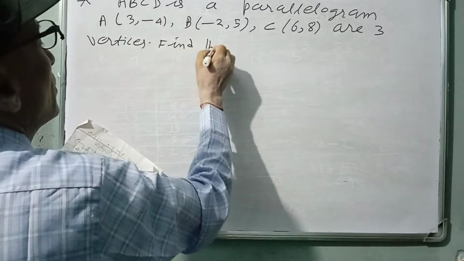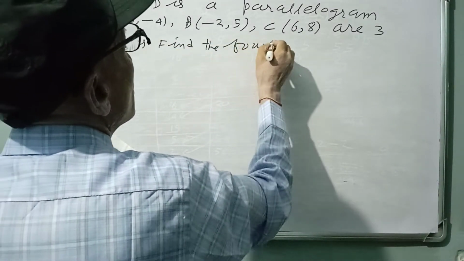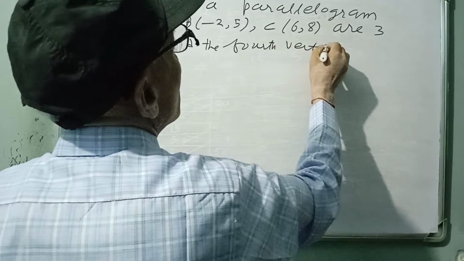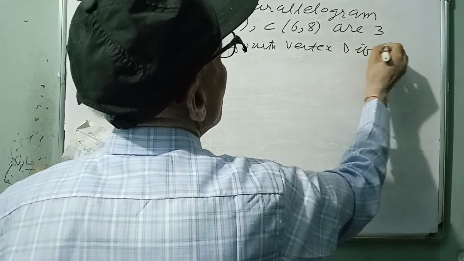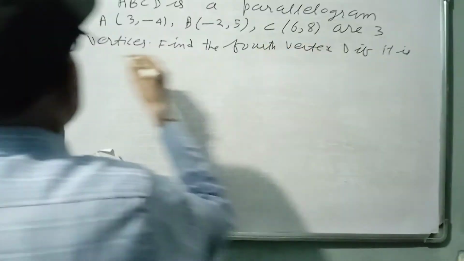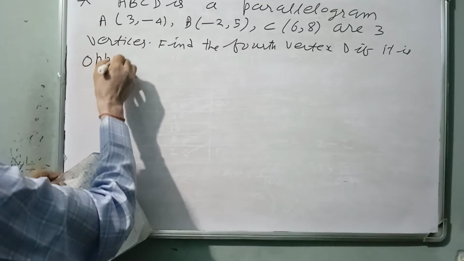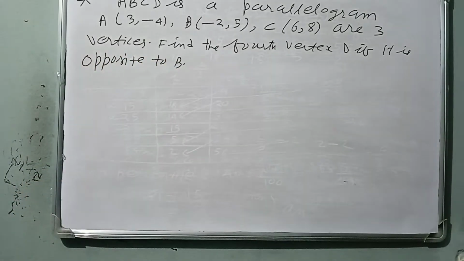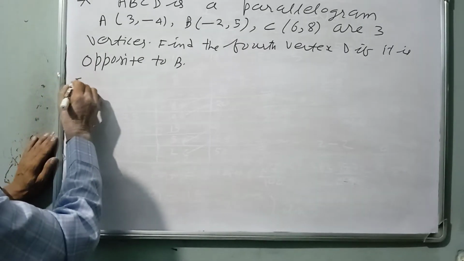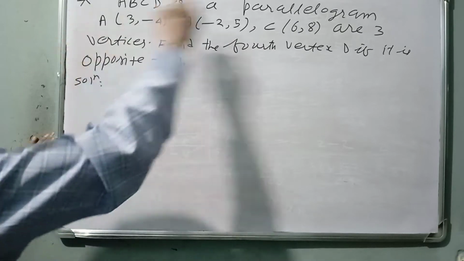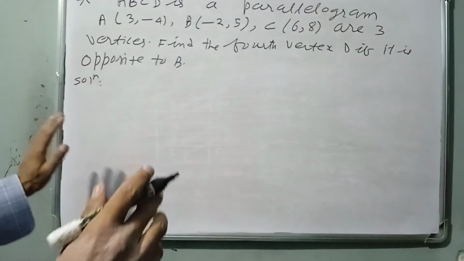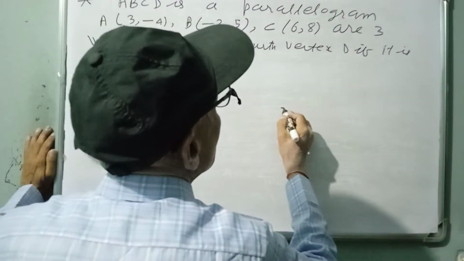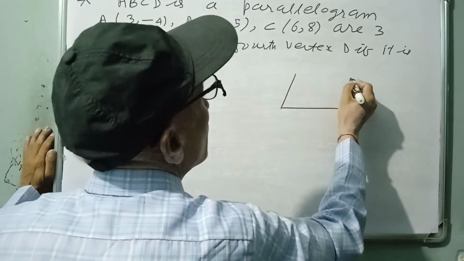Find the fourth vertex D if it is opposite to B. B को opposite छ भने fourth vertex को value निकाल्ने. Solution. This is the question. A, B, C, D is a parallelogram. You just draw the parallelogram A, B, C, D.